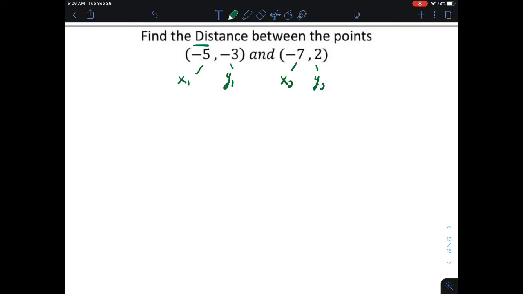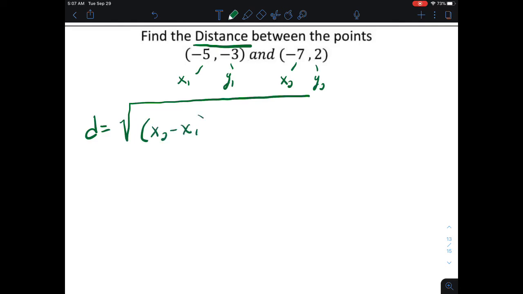And so the distance between the 2 points equals the square root of x2 minus x1 being squared plus y2 minus y1 being squared.